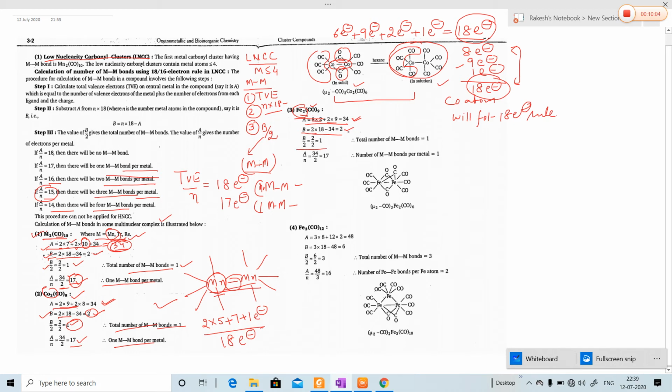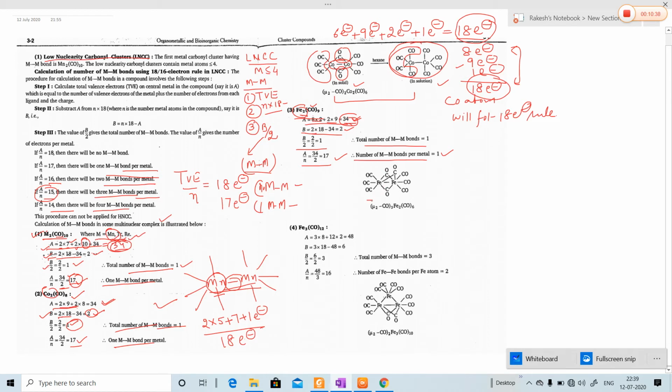When we divide this B term by 2, it gives the total number of metal-metal bonds in the complex. Similarly, when we divide the total valence electrons by the value of n, meaning the total number of metal atoms in the complex, we get the number of metal-metal bonds per metal, which is equal to 1 in the case of Fe2(CO)9.